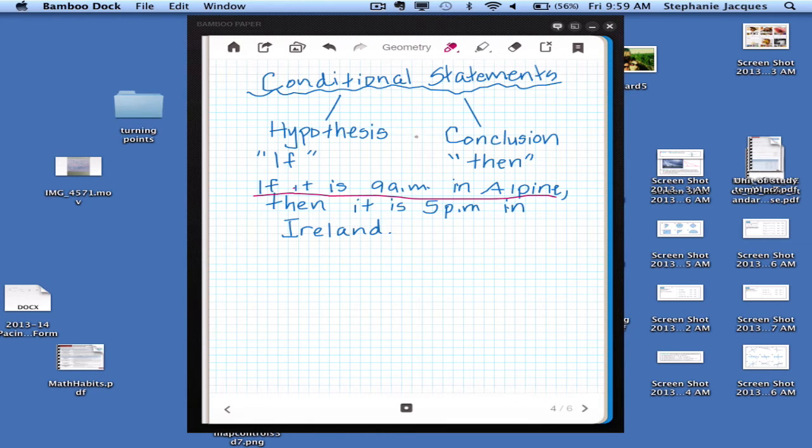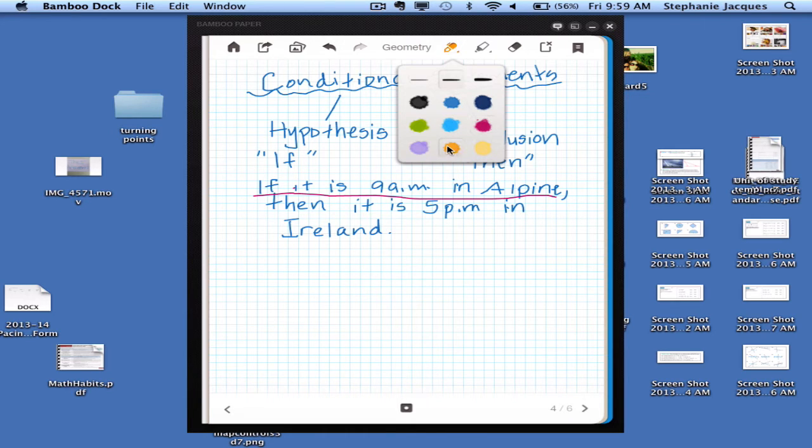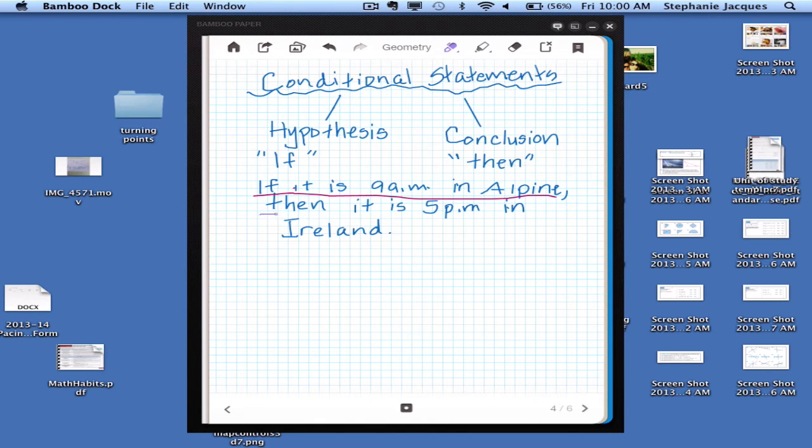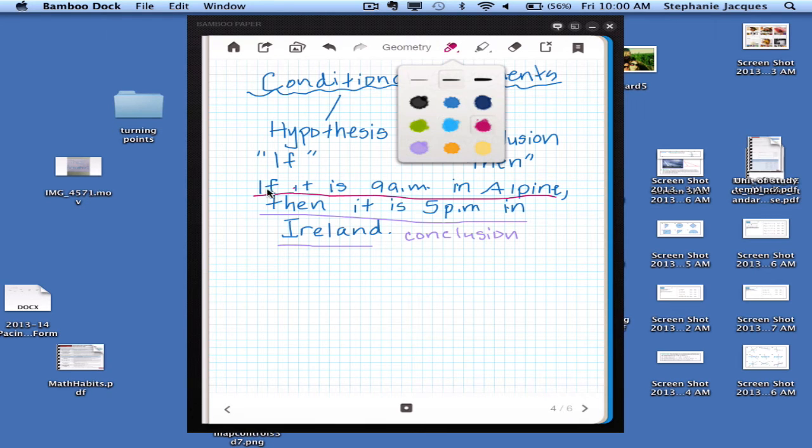So if it is 9 a.m. in Alpine, I'm going to go up and change my color to underline my conclusion. Do orange. Let's do purple. I'm going to do purple for my conclusion. The conclusion is then it is 5 p.m. in Ireland. So purple is my conclusion, and pink is going to be my hypothesis.